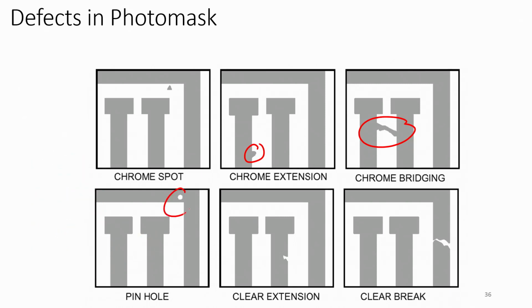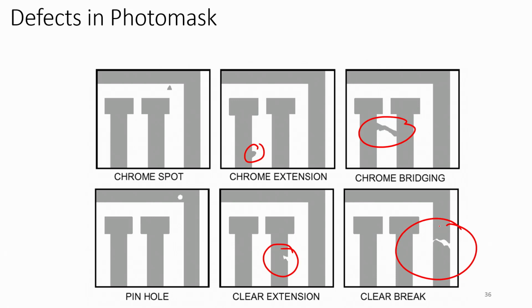Next, pinhole, chrome is not there at all, not allowed. Then clear extension, not allowed, because the value that we calculate and the value when you use this mask would be totally different. Next is clear break, breakage is not allowed at all.